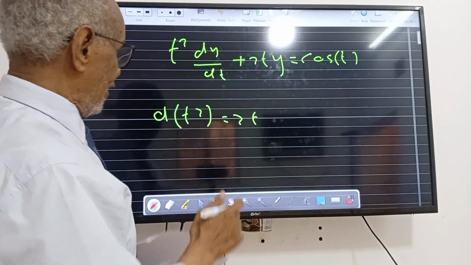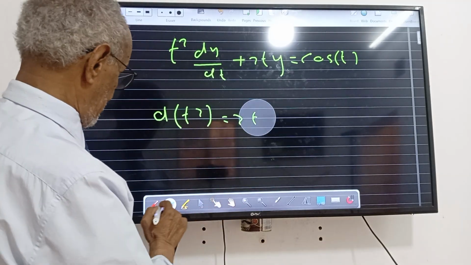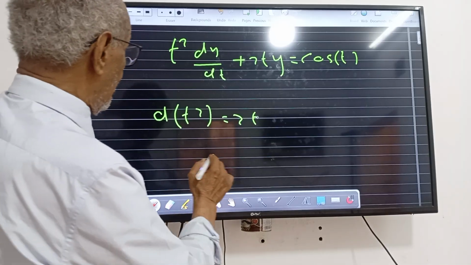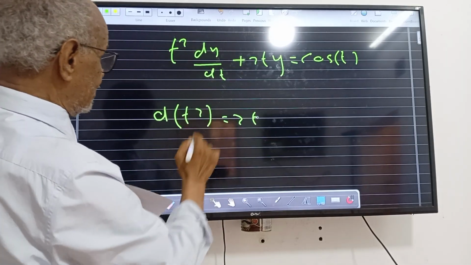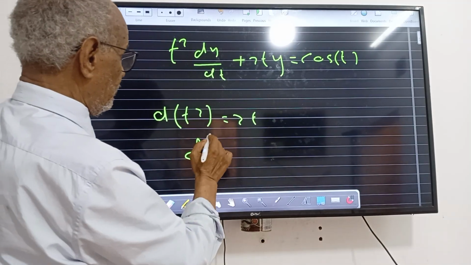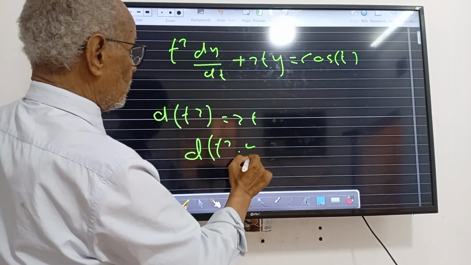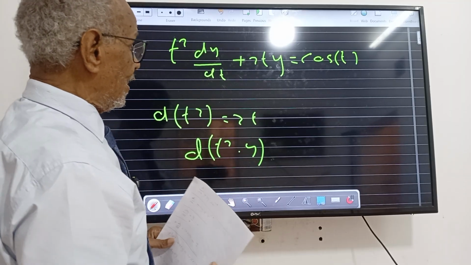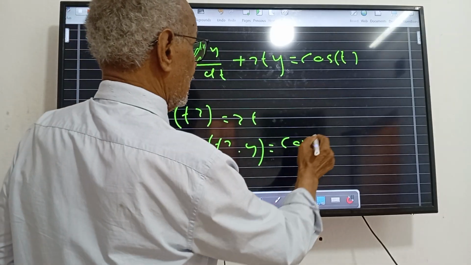So here this is the differentiation of both products, t squared and y. This equals cosine t.